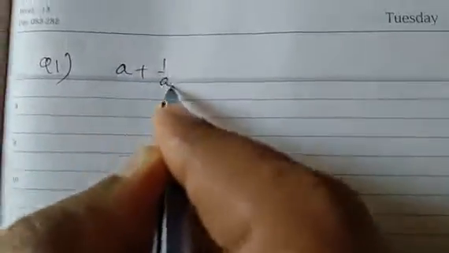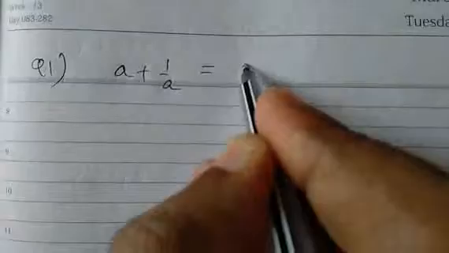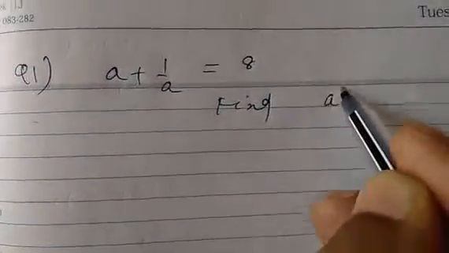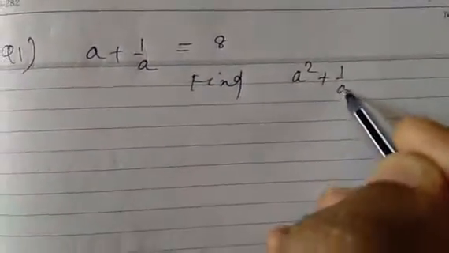Let us see this one. One question from expansion. If a plus 1 by a is equal to 8, find the value of first, a square plus 1 by a square.